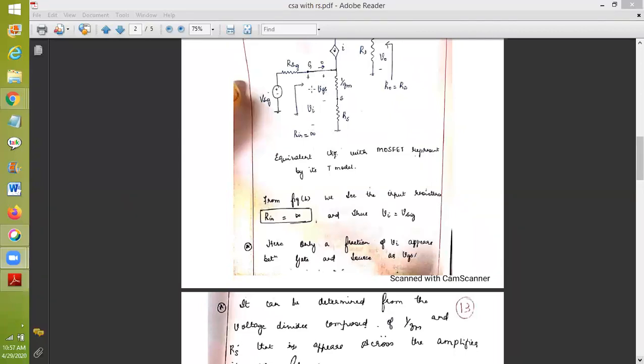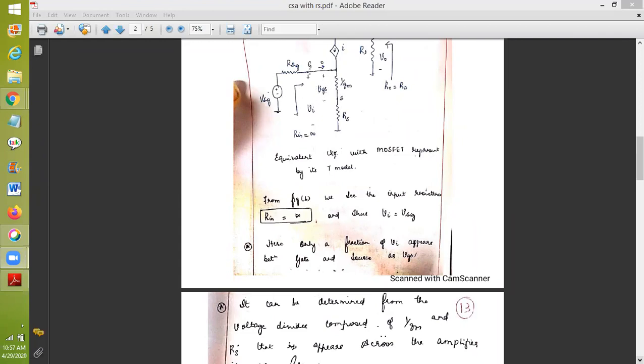Okay. So now what happens? Vi is the total voltage, from gate to ground. Only a fraction of this total voltage Vi appears across the 1 by Gm. That is represented as VGS.